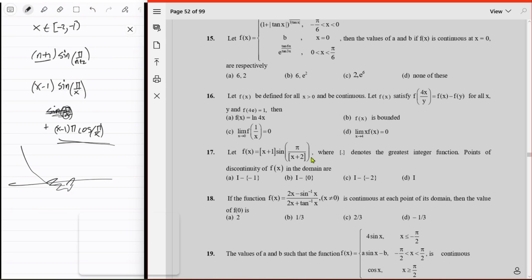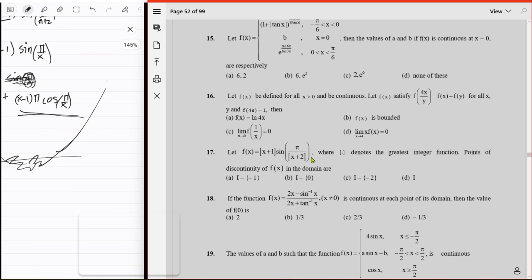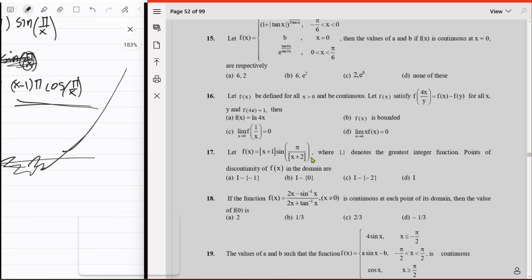Some stuff happens over here, then it's going to increase, right? Sure. Which means that throughout its increasing portion, you just have these discontinuities because you're changing from one integer to some other integer. So the integer points are where you have discontinuities.